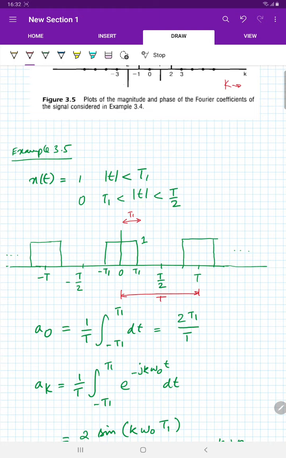This is how the square wave is built. So this is T and this is t1. Within a period, the signal is 1 for t1 on this side, and there is also a t1 on the other side.